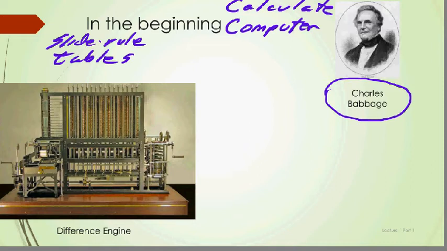Unfortunately, they weren't the most reliable tools in the world. In fact, Mr. Babbage became very disappointed or upset with all the errors that took place, because the tables they were using to do the calculations were created by human computers who could make mistakes.